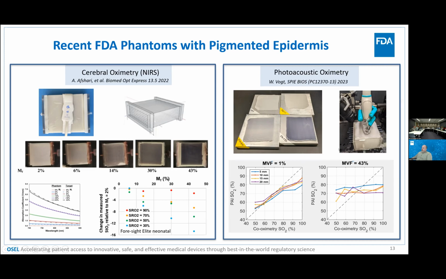Similarly, in photoacoustic oximetry, Bill Vogt has done some excellent work combining an epidermis and dermis layer on top of a breast phantom, and shown that for very low melanin volume fraction, you get a pretty good ability to estimate saturation, but at a very high melanin volume fraction, the signal is very difficult to convert into a saturation value.